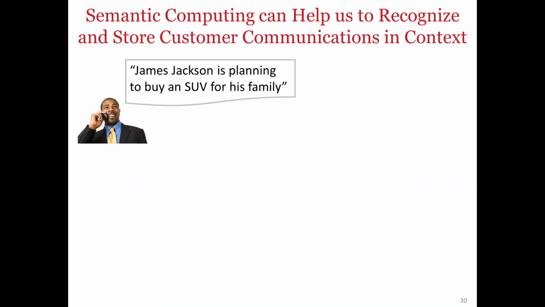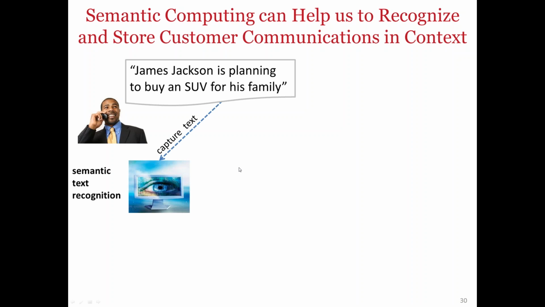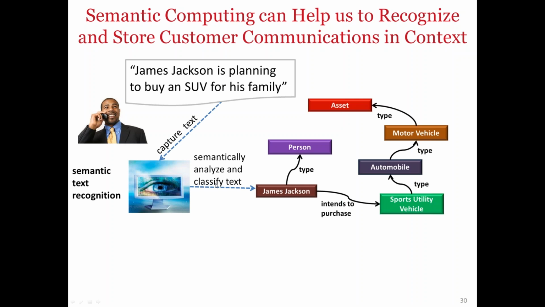So we have semantic text recognition where we may have someone make a statement, James Jackson is planning to buy an SUV for his family. We can capture the text using natural language processing and parse it and break it up into a knowledge graph where by virtue of this statement, we could break it into these different types: James Jackson is a type of person.